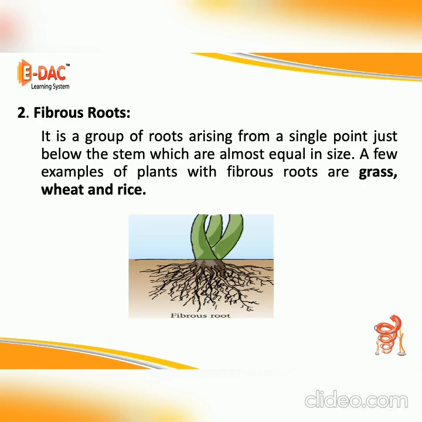So fibrous roots are called so because they are made up of several thread-like thin roots together. It's a group of roots arising from a single point just below the stem, which are almost equal in size. A few plants which have fibrous roots are grass, wheat, and rice.